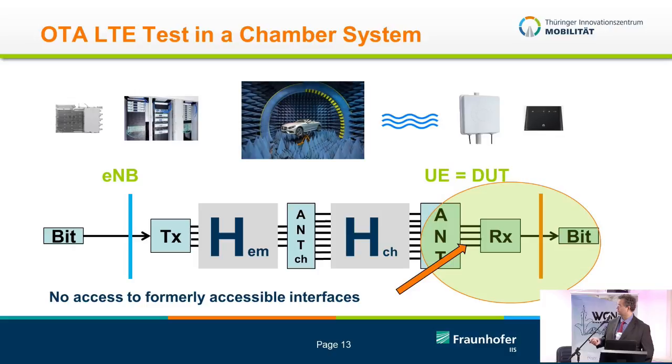And then you go to the receive antenna, to the receiver, and then you get your bits back. The problem of an LTE test in particular is, as Christopher already mentioned, if you assume a small LTE device, then you often have this readily integrated with the antennas, so it's a problem of accessing these test points.